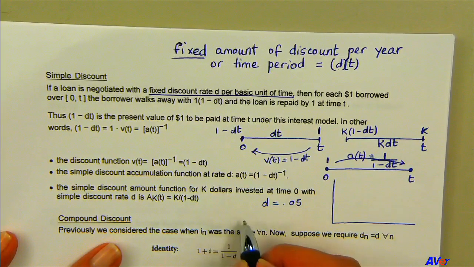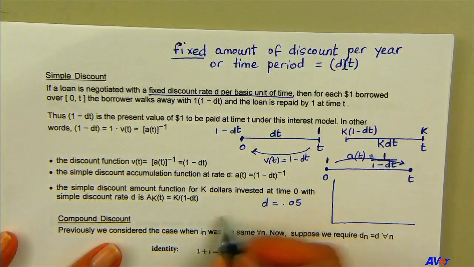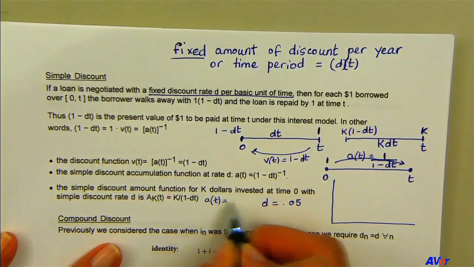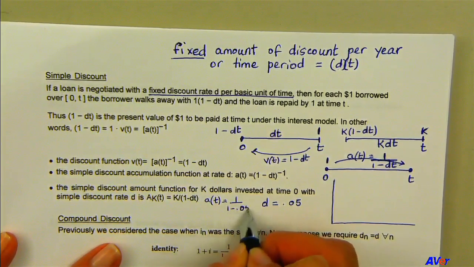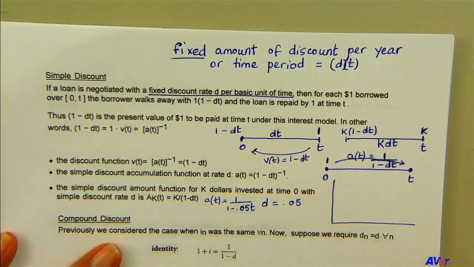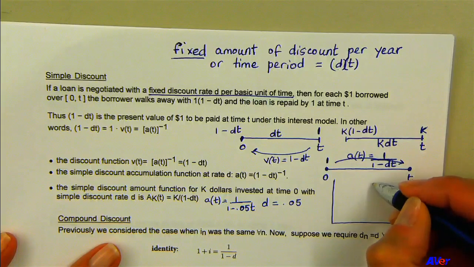So I want to draw a of t equals 1 over 1 minus 0.05t. It starts at 1 and then goes up. Is it undefined anywhere? Won't it be 20? Yes, right.